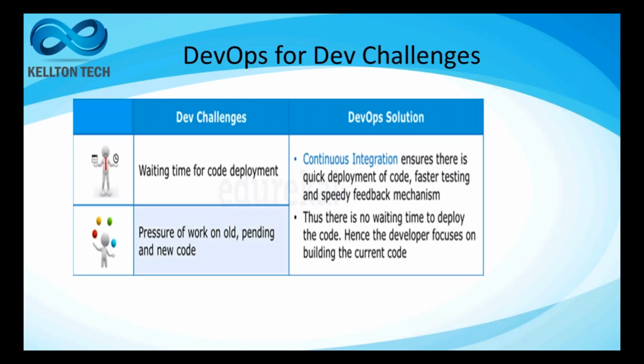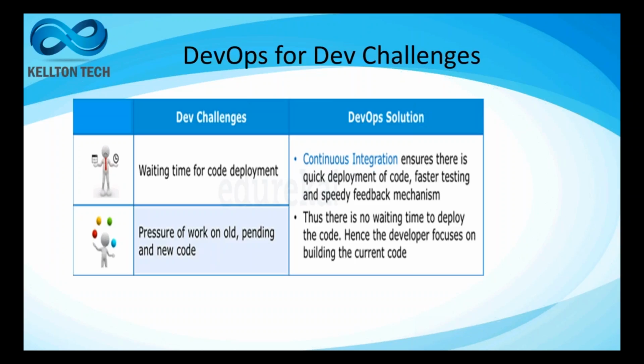These are the challenges before DevOps implementation, when developers were using the waterfall methodology: the long waiting time for code deployment, and the pressure of work on old, pending and new code.